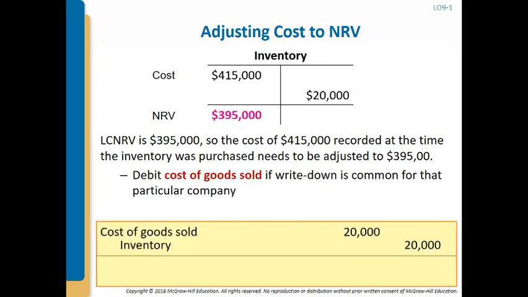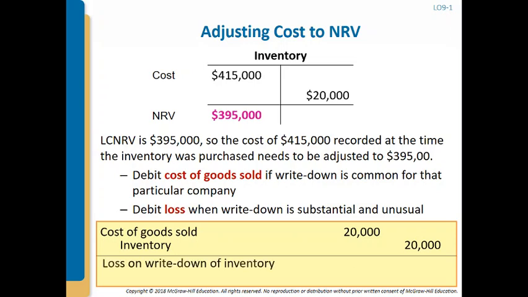If it's pretty common, you're simply going to debit cost of goods sold and credit inventory. If the write down is pretty uncommon, you're going to have something called the loss on write down of inventory debit, and of course your credit still is going to be to inventory.